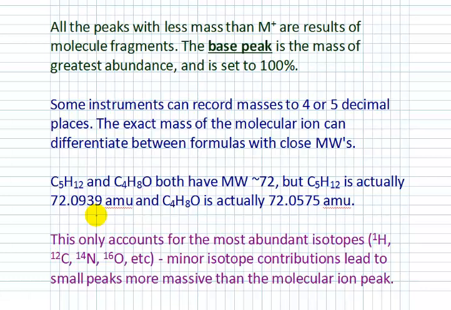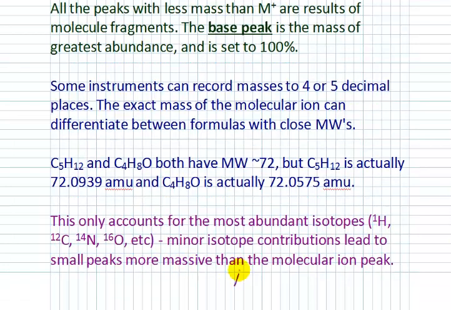So carbon-12 and oxygen-16 and so on, right? 1H, hydrogen, protium, if you want to call it, instead of deuterium, instead of the other isotopes. So the minor isotope contributions do lead to small peaks that are more massive than the molecular ion peak. These are referred to as M plus 1, M plus 2, etc.